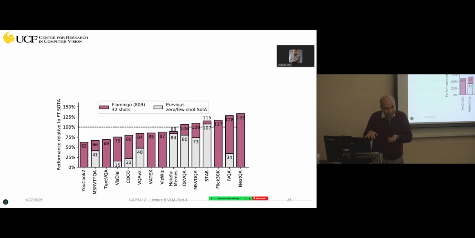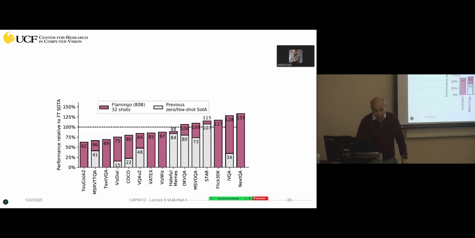For these tasks, these data sets were not used; the trained model did not use them. But now they want to use only 32 shots to solve these problems. And they are comparing with state-of-the-art methods which are fine-tuned on these data sets.